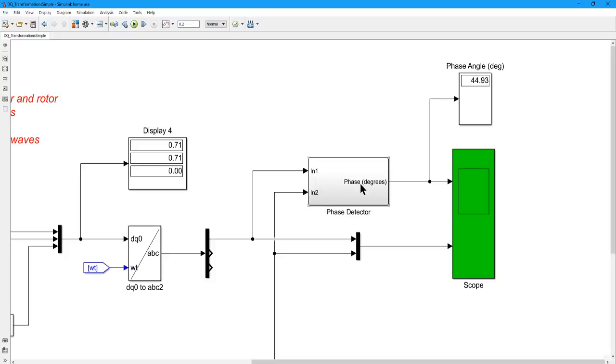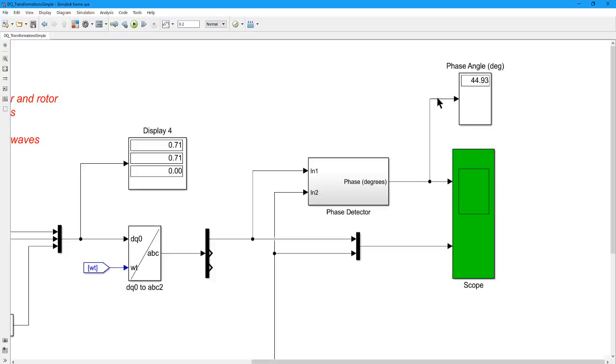And this phase detector will detect that 45-degree phase shift between the two sine waves, and it will output the number of degrees phase shift between the sine waves versus time out of this output, and we will put it into this scope. So we'll have a trace that shows you the degrees phase shift versus time for these two sine waves.